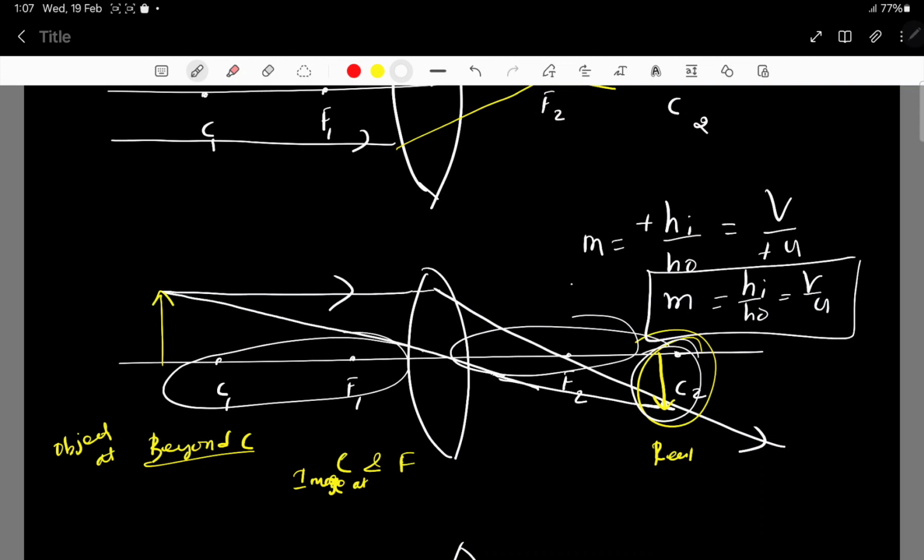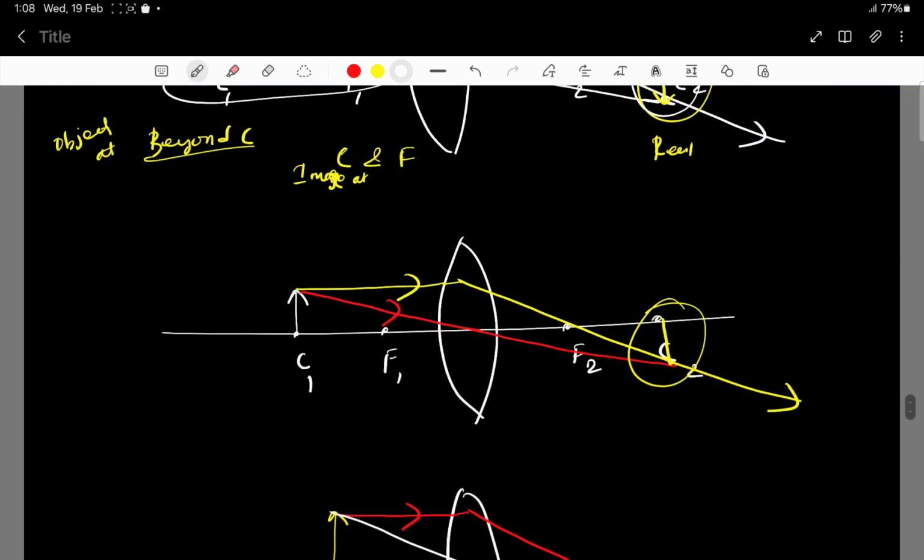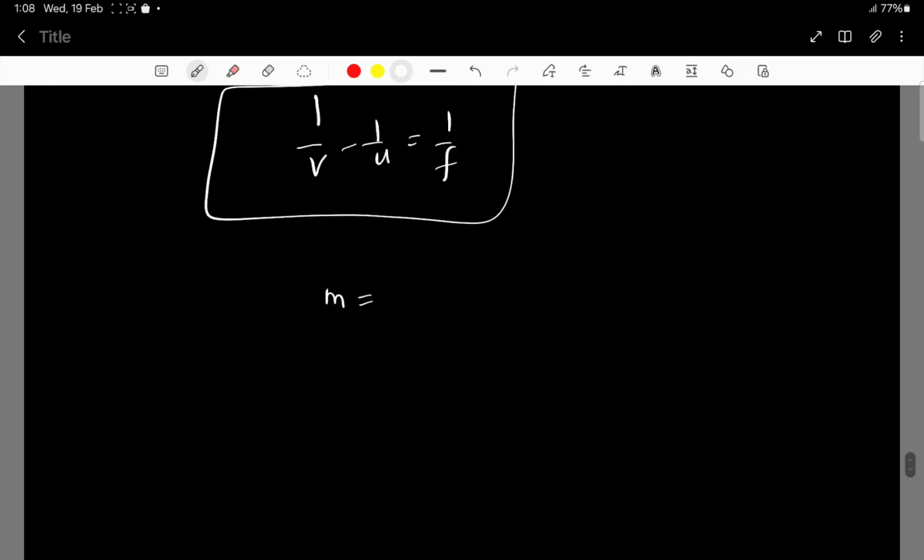Whereas for a mirror it's somewhat different, right? For a mirror, hi by ho equals minus v by u. But for a lens, magnification m equals hi by ho equals v by u. It's the expression we got for magnification. So we can modify this expression into the following form. Multiply the whole equation with u on either side.